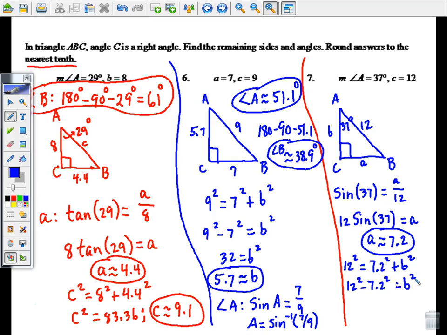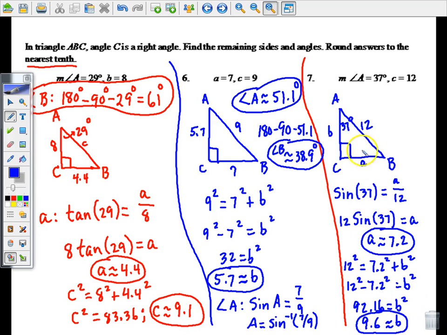So 12 squared minus 7.2 squared, that's 92.16. That's b squared, so b is going to be the square root of that number. And we get 9.6 is our side B.